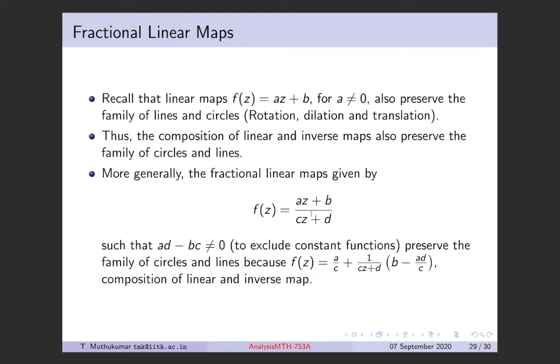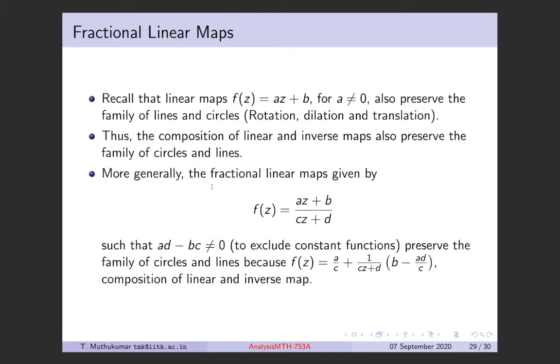Here we impose the condition that ad minus bc is non-zero to exclude constant functions. For instance, when a is 0, f(z) is a constant function b, and nothing is happening; it's not preserving lines and circles. All lines are going to a point and so on. Of course, you can think of a point as a circle of zero radius, but that's another way.